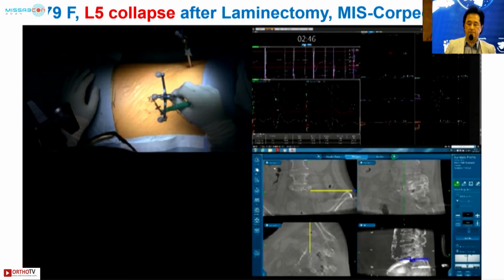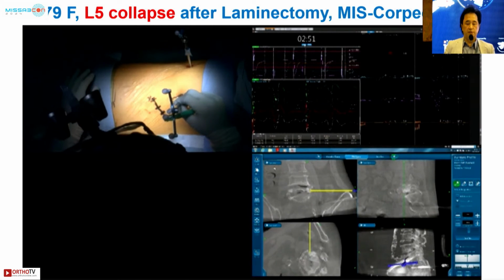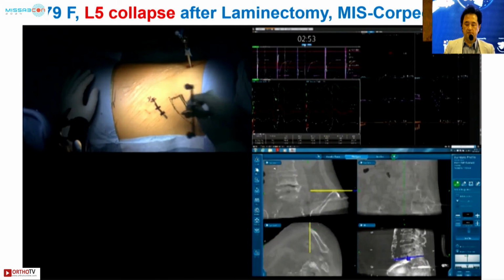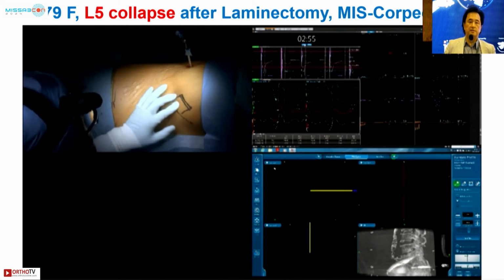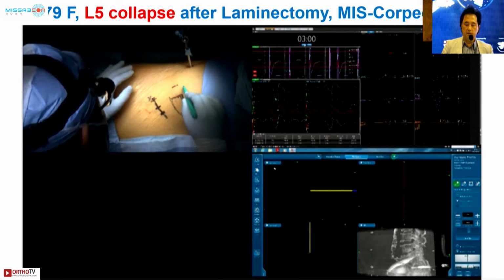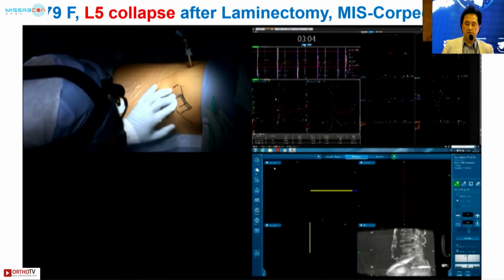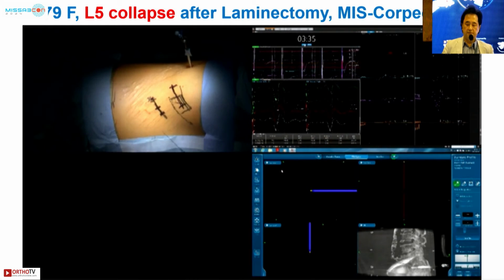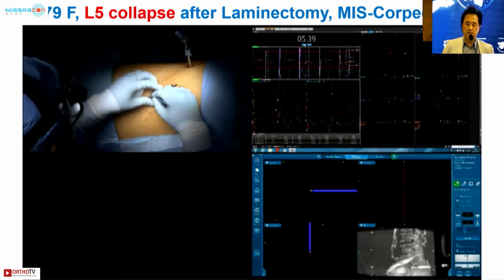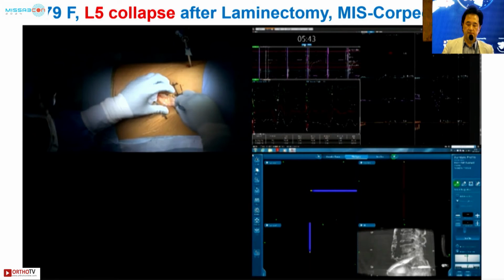First, we are planning to make the skin incision, but just look at this, a 4 centimeter small skin incision. This is the L5 vertebra. So now I decided on an oblique incision, like this.